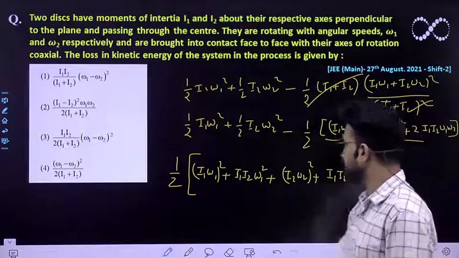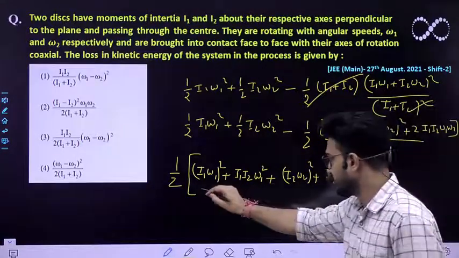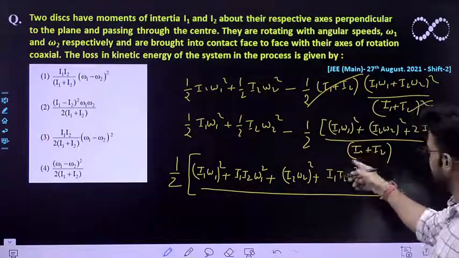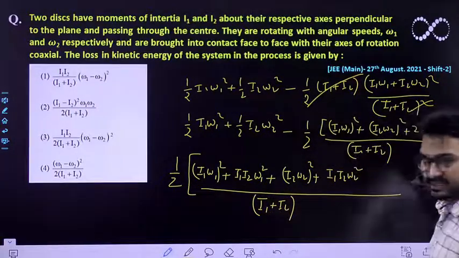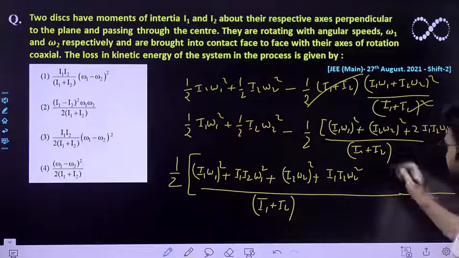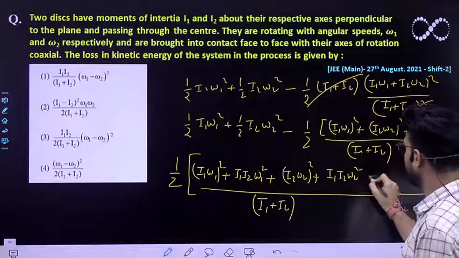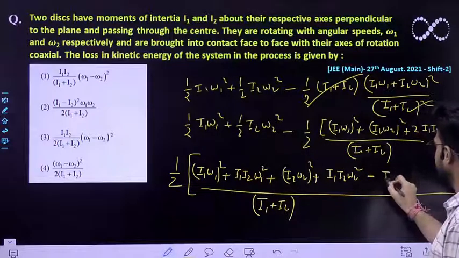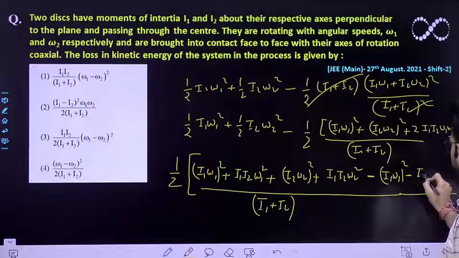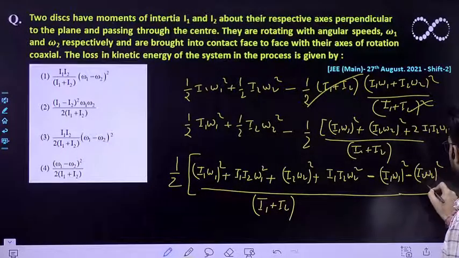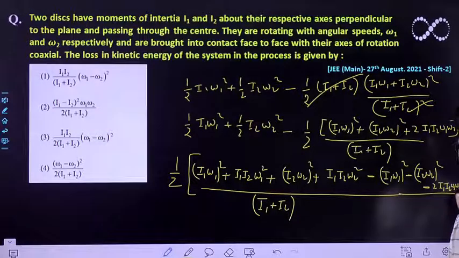So this is the expression we are getting. Again, in the second expression, because you have taken the LCM of it, so it would be I1 plus I2 at the denominator, and in the numerator this expression would also come. So this would be equal to negative of I1 omega 1 whole square, negative of I2 omega 2 whole square, again minus 2 I1 I2 omega 1 omega 2.